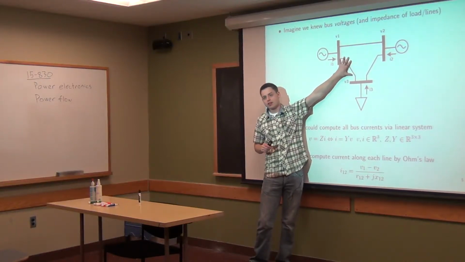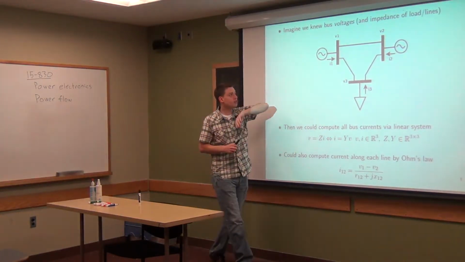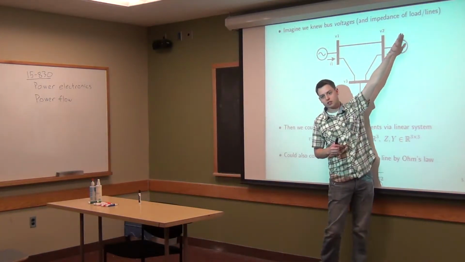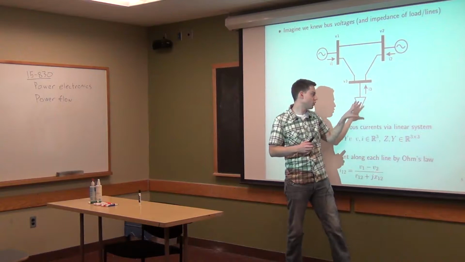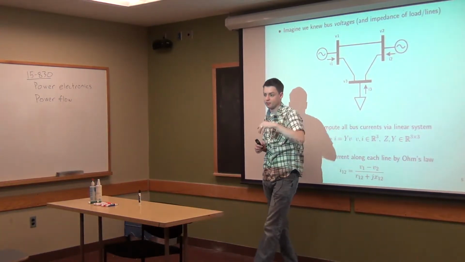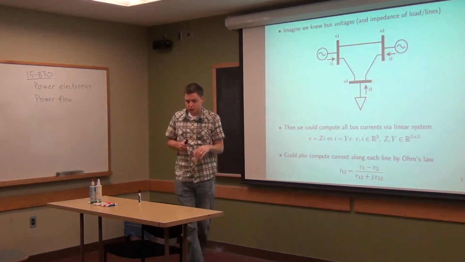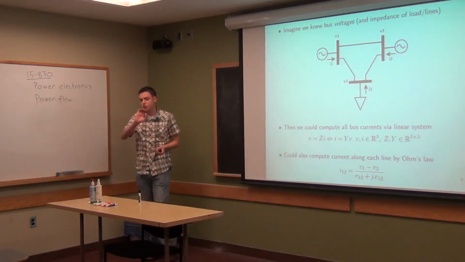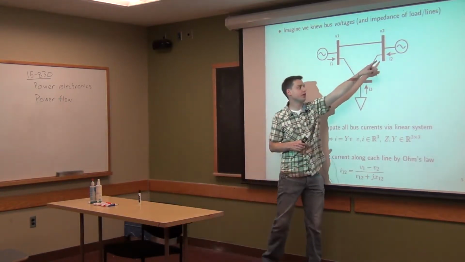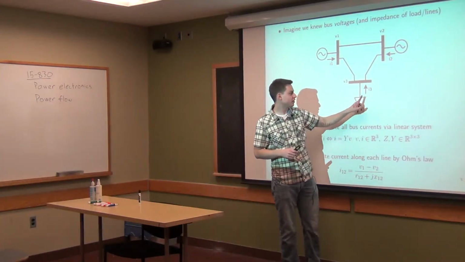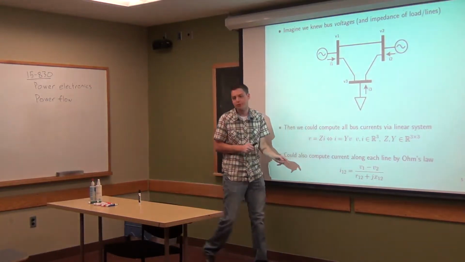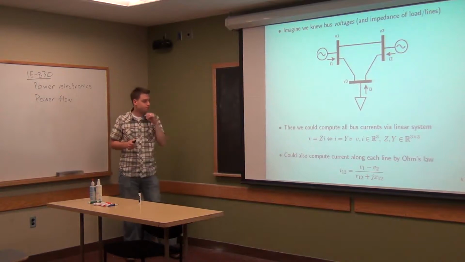Suppose we assume that we know the impedances of the loads and lines, so we know both what the loads are drawing and what all the lines' impedances are. Also assume that we know the currents flowing out of every generator. The convention will be that loads have negative power or negative current flowing through them.